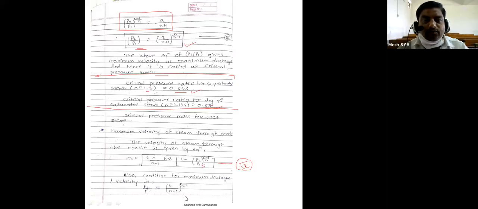You write down the equation for air velocity through the nozzle, given by C2 is equal to square root of 2n upon n minus 1 P1 into bracket 1 minus P2 upon P1 raised to n minus 1 upon n. Put the value of P2 upon P1. Afterwards, I think this page may be over. Only 2 steps are there.